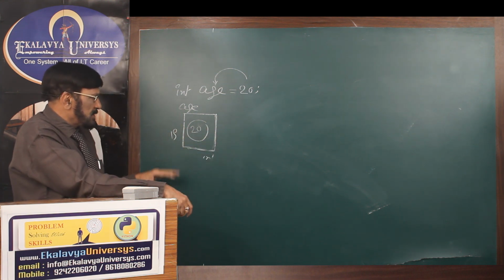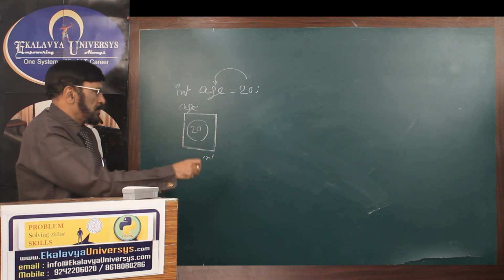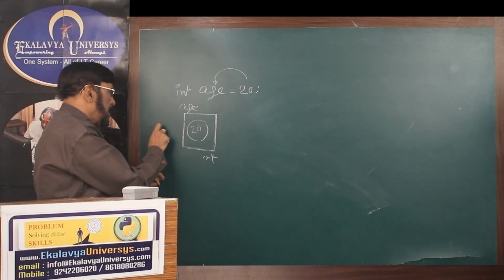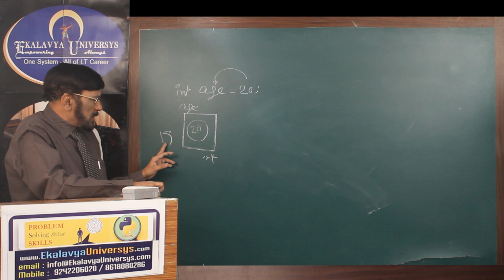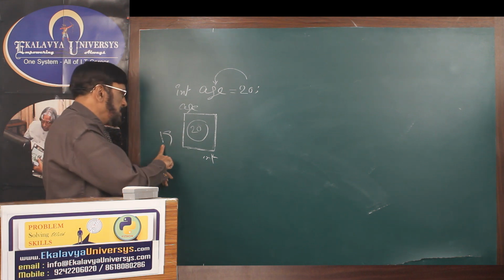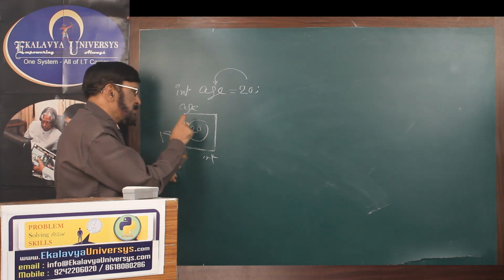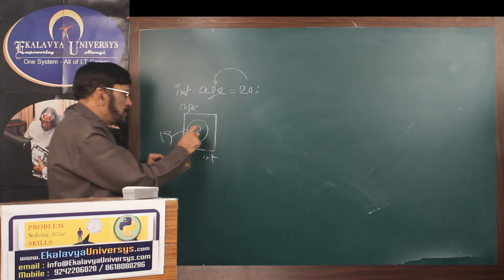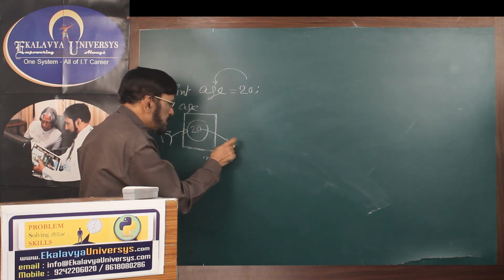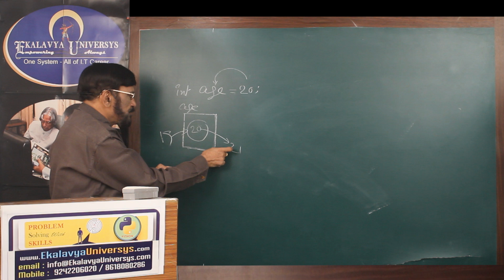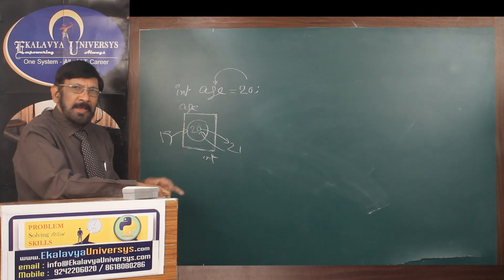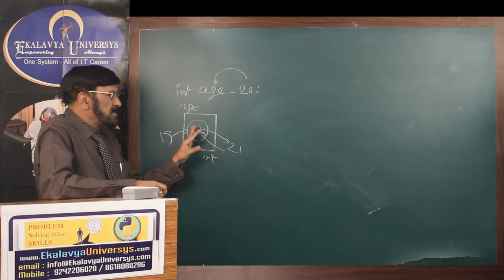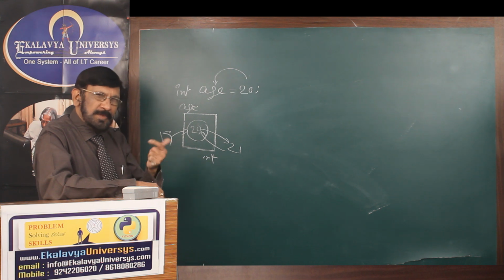Just understand this. Actually, age is this variable. Why is it called a variable? What happened last year? What was your age? 19. 19 was replaced by 20. What will happen next year? 20 will be replaced by 21. In that sense, it is called a variable. Actually, in my view, it is a misnomer.